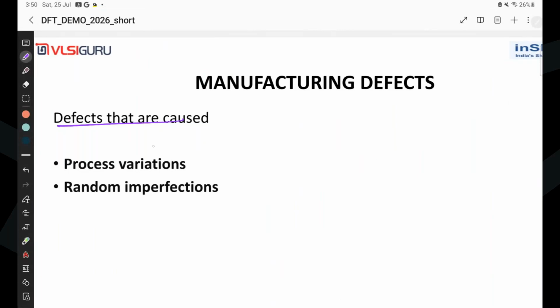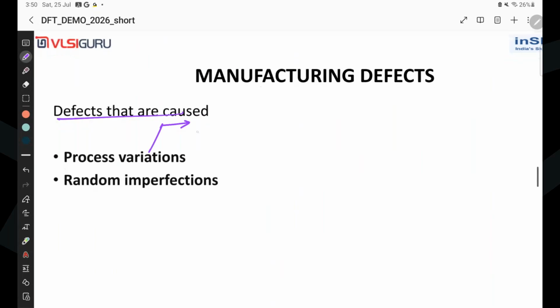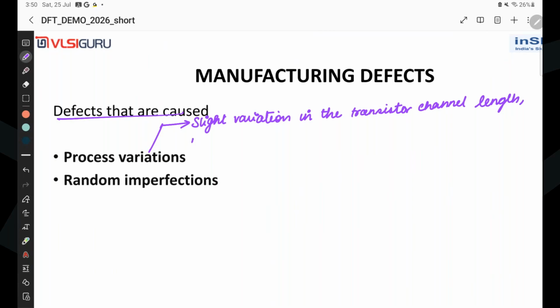Process variations mean slight variation in the transistor channel length, and then metal interconnect width and thickness.